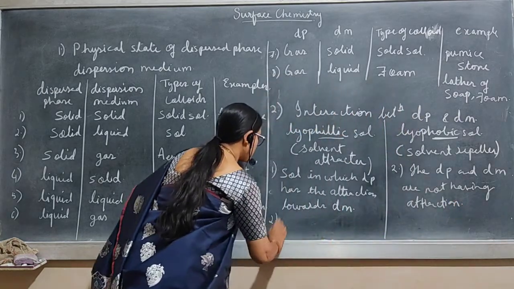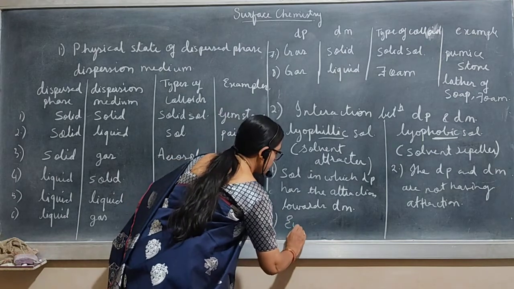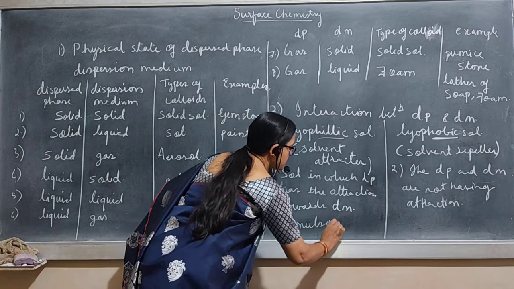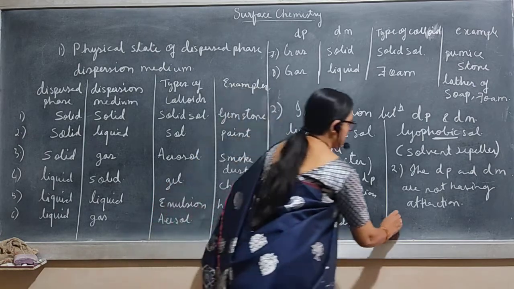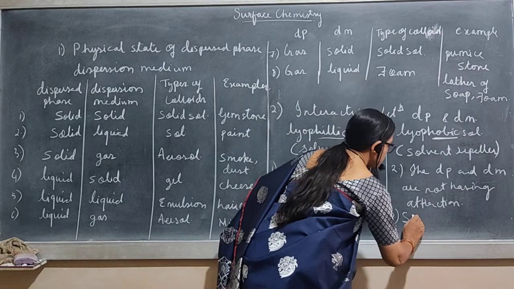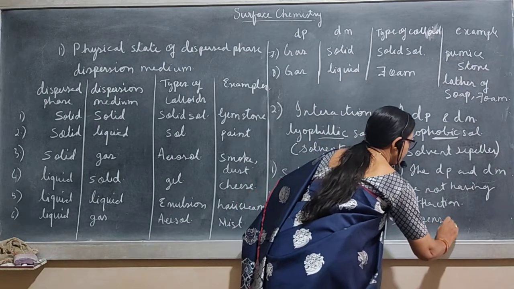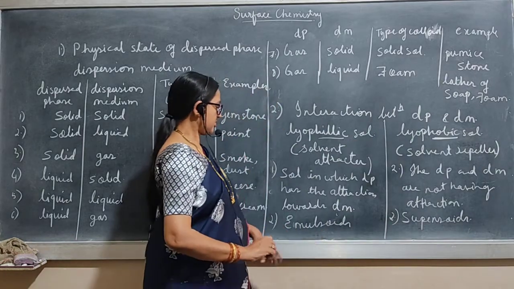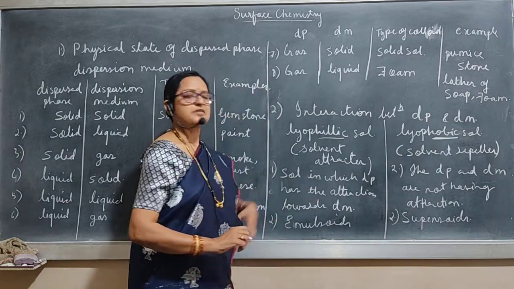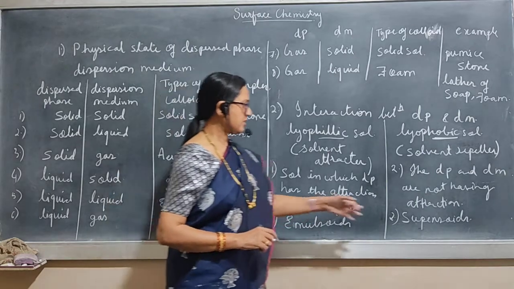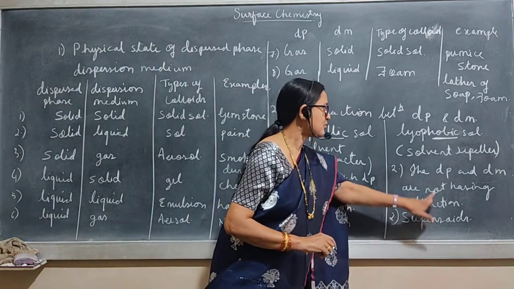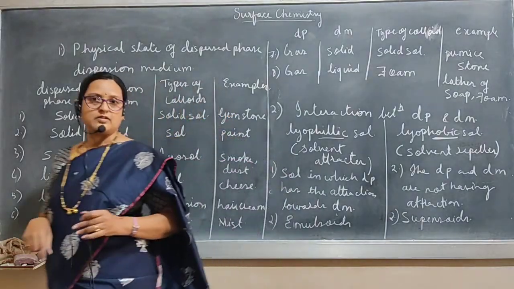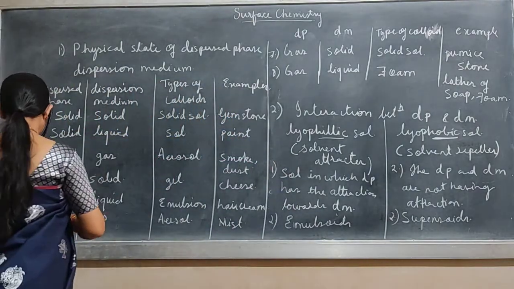These are also called emulsoids, and these are called suspensoids. The meaning is the same. Emulsoids are those where there is attraction between the dispersed phase and dispersion medium. Suspensoid is where there is no attraction between the dispersed phase and the dispersion medium. There are a few more examples of it.